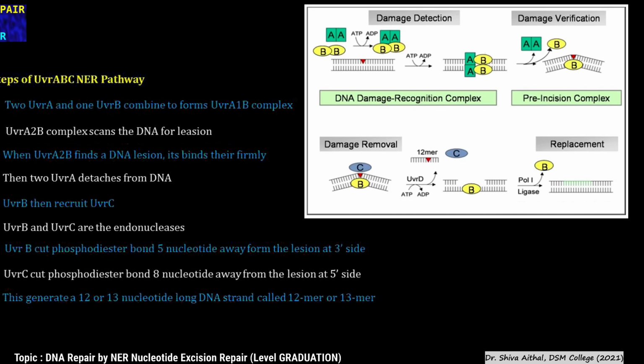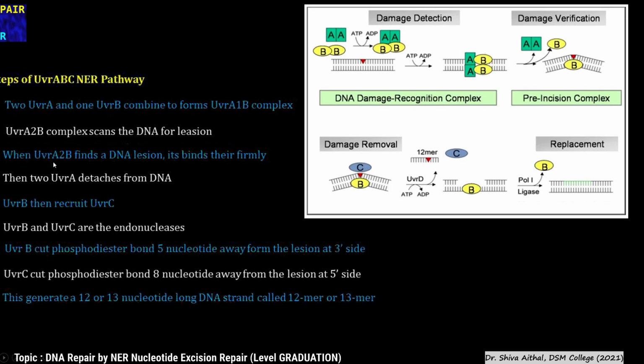Number 1: 2 UvrA and 1 UvrB combine to form a UvrAB complex. ATP is required here. Now this AB complex has to bind onto the damaged site. That again requires ATP. So the UvrAB complex binds and scans for the DNA lesion.